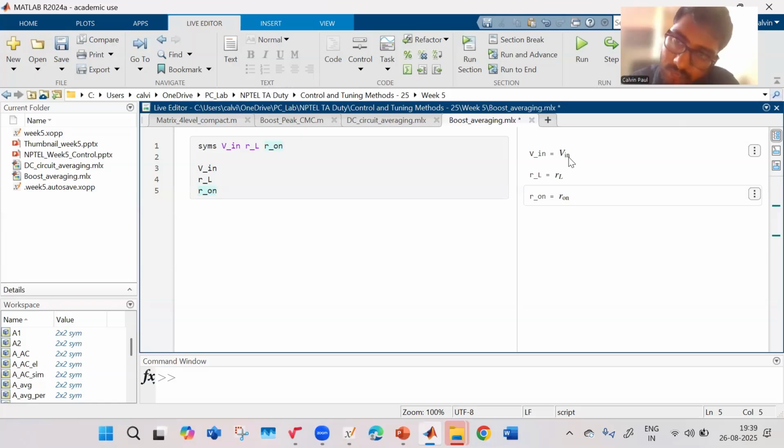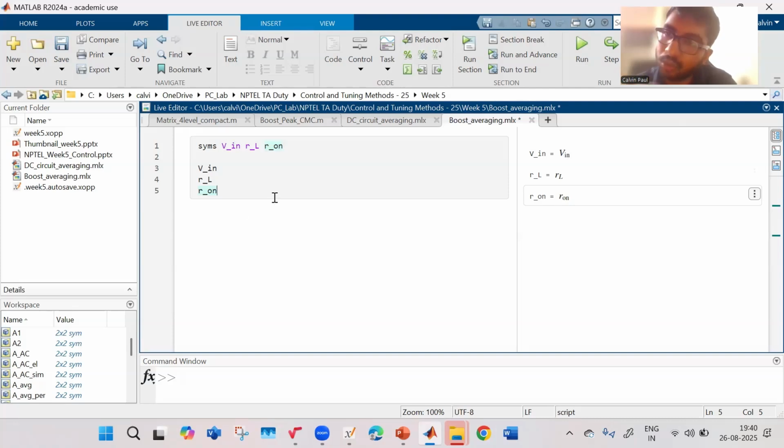You have your R, in the subscript you have L. L is just a single letter, that's why L is italicized. But in the case of R_on, you have R and ON, they are two letters, that's why they are not italicized. Similarly, in the case of VN. So this is the standard format which is used while writing mathematical equations in papers.